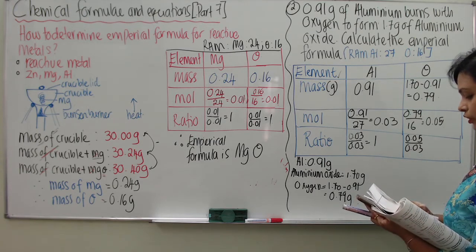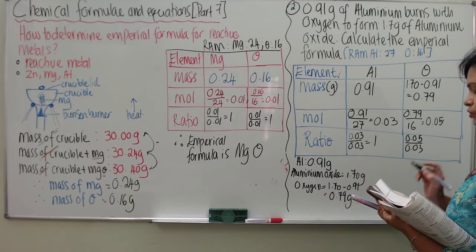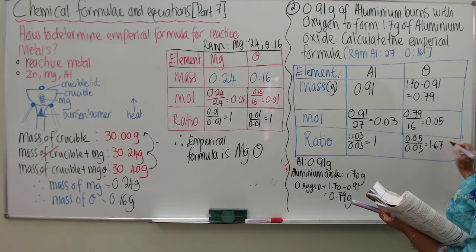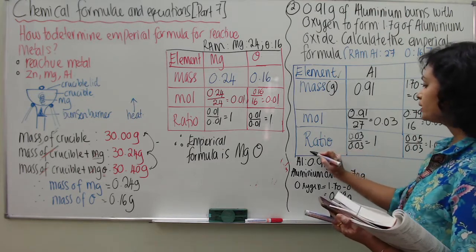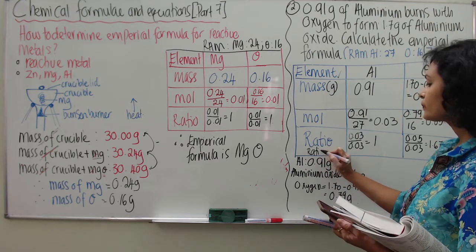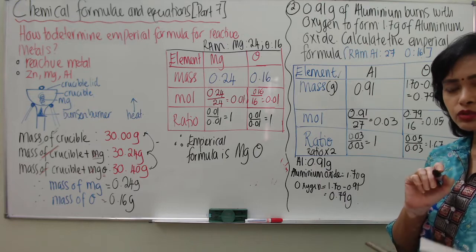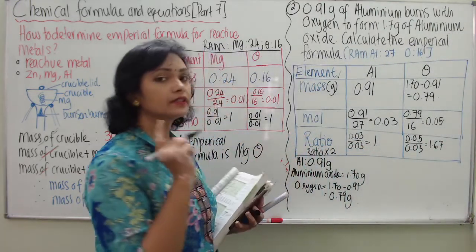So 0.05 divided by 0.03, we get roughly 1.67. If I were you, what I would do is multiply the ratio by 2 so that I can get the whole number as the ratio.